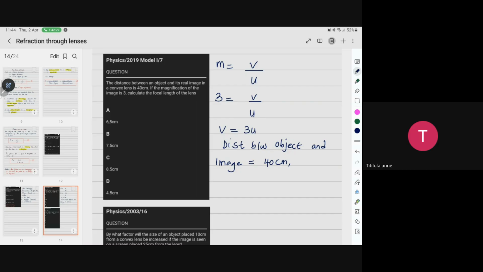That's u plus v is equal to 40 centimeters. So you said that v plus u equals 40 centimeters.